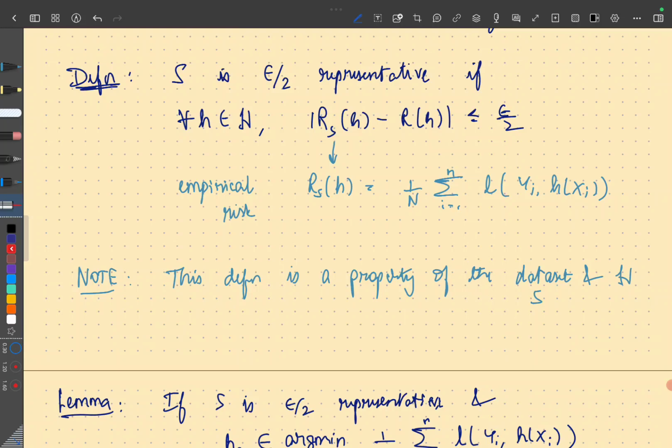So if S is epsilon by 2 representative, S is a good representative, correct, then why in the whole of machine learning do we just use cross entropy, squared loss? Why did we never use ERM? Effectively, you are using ERM in practice.